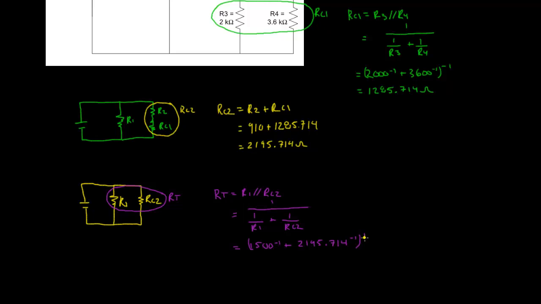Doing 1 over that answer, we get a value of RT as being 891.187 ohms.